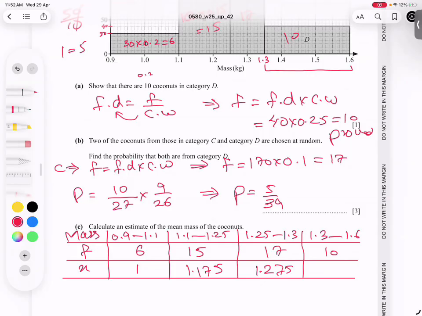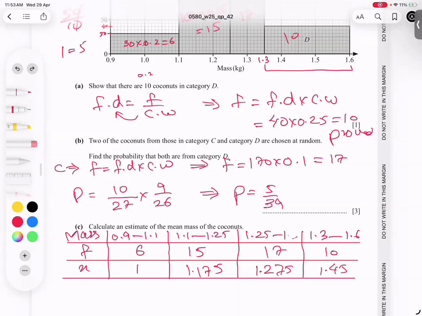Let me recheck once again, 1.25 and 1.3. So this idea is clear. Last one, 1.3 plus 1.6 divided by 2, we are getting 1.45. But just to see once again, sorry students, this is not 1.3, it is 1.35.